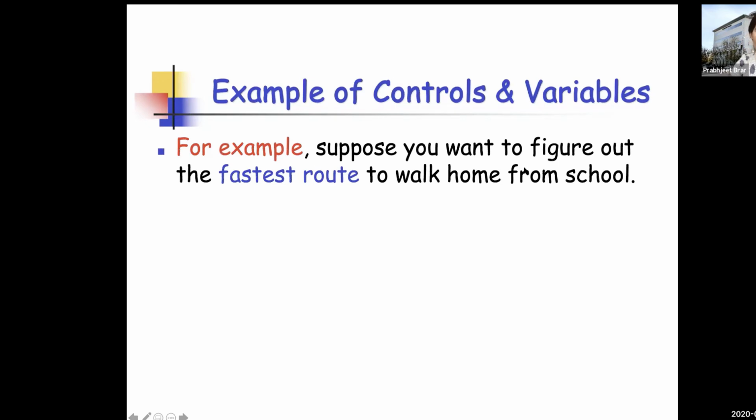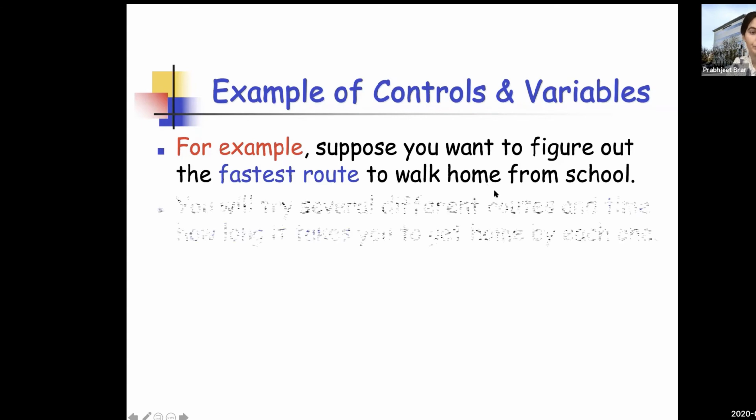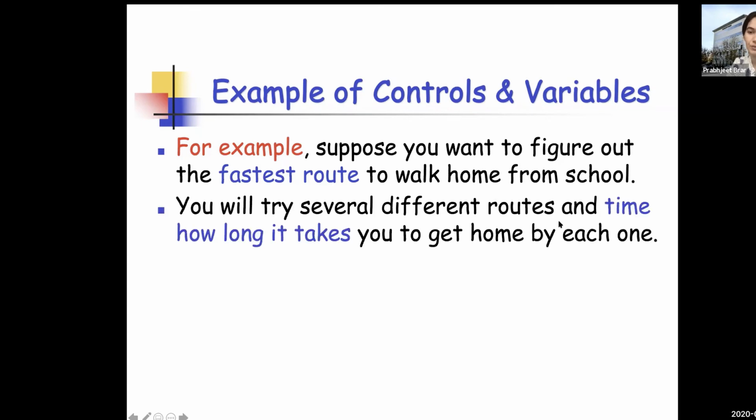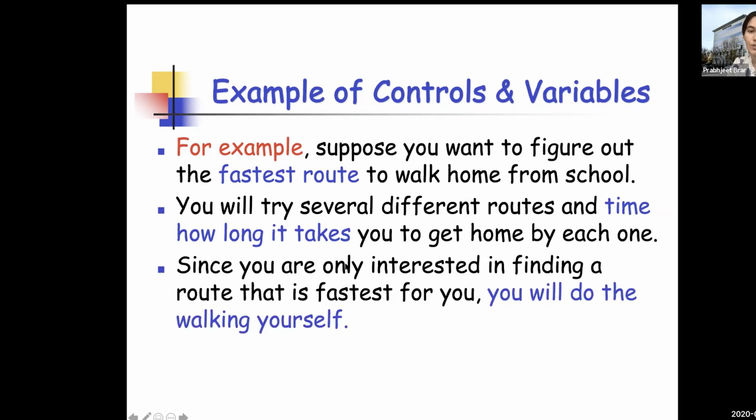So another example I have for you, let's say you want to figure out the fastest route to walk home from school. You will try several different routes and time how long it takes you to get home by each one. Since you're only interested in finding a route that's fastest for you, you will do the walking yourself. So that's the control.